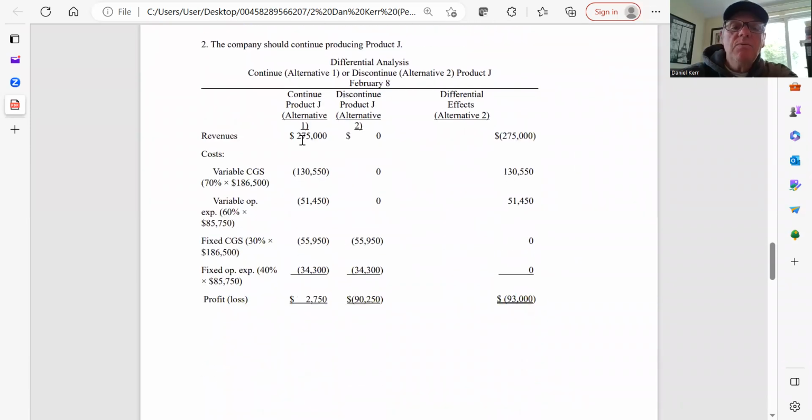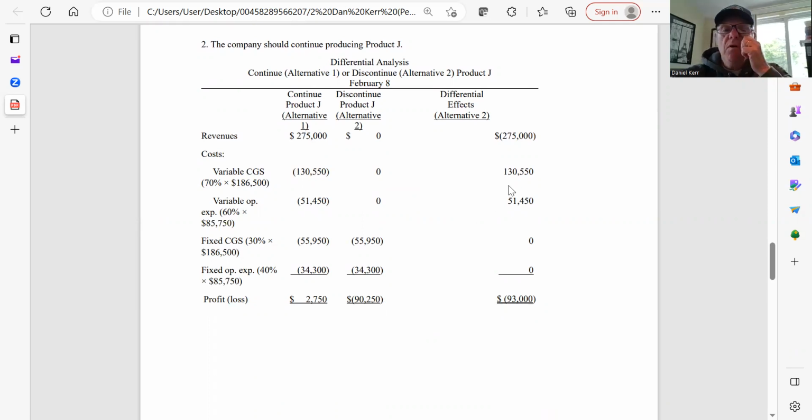All right, so if we currently continue to produce the product, we're going to have a profit of 2,750. If we stop producing the product, we're going to have a loss. Basically, there's going to be no revenues. The variable costs will go away, but the fixed costs would still remain.